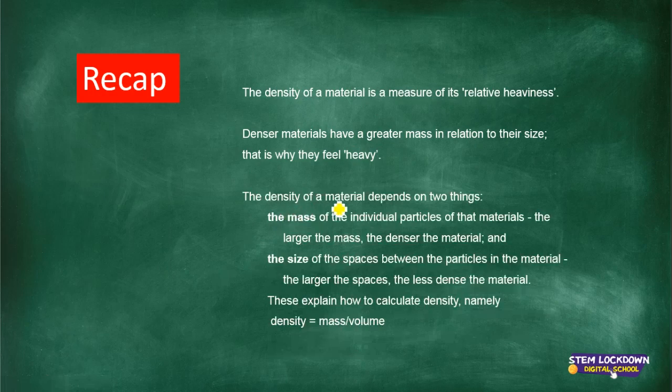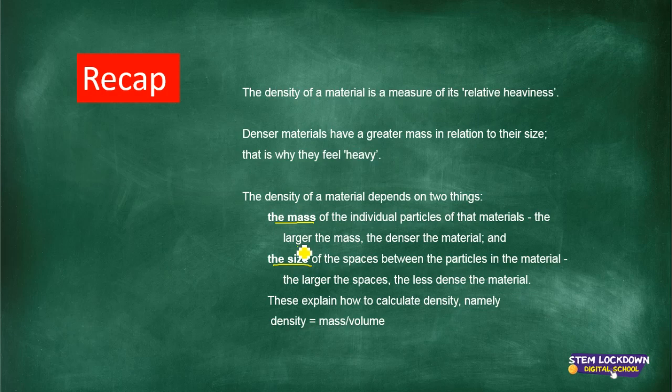So the density of a material basically depends on two things. It depends on mass, and it depends on its size. So when we explain what I meant by it depends on its mass, the individual particles of that material make up the mass of that material.